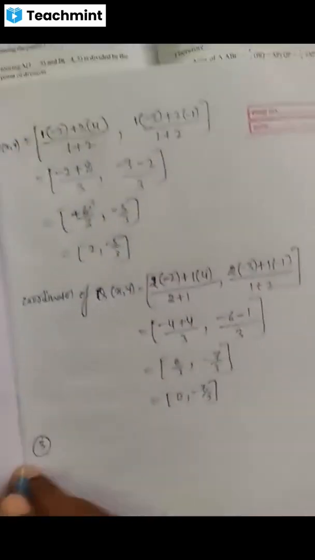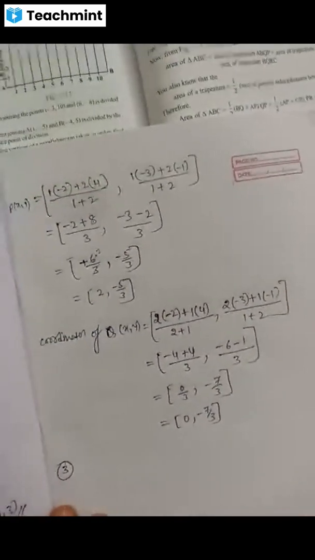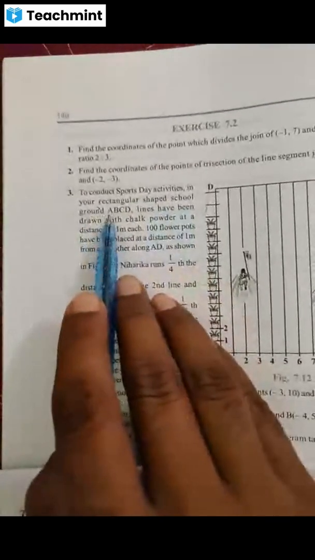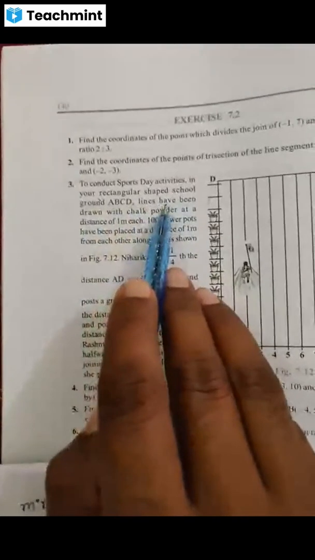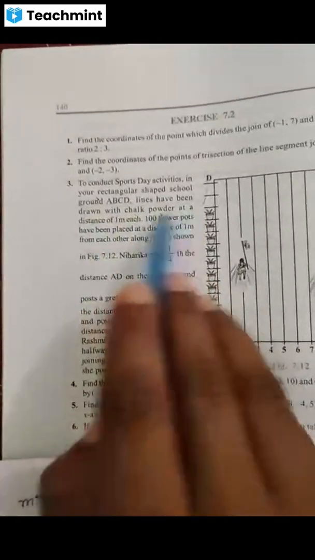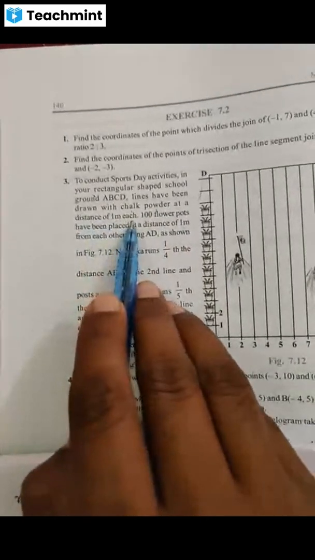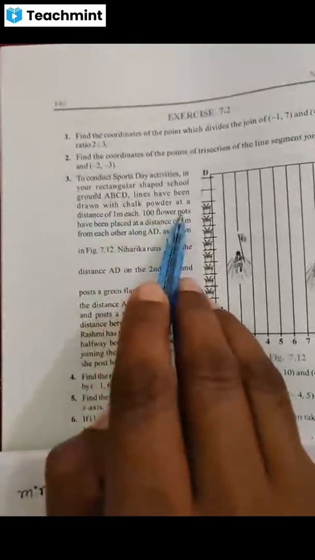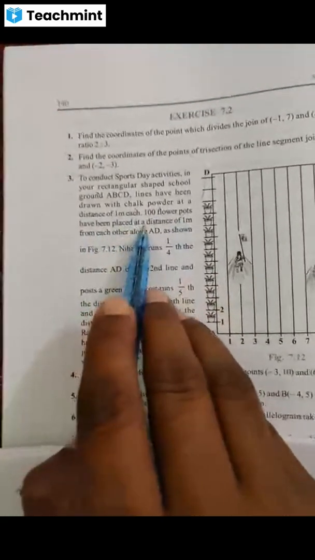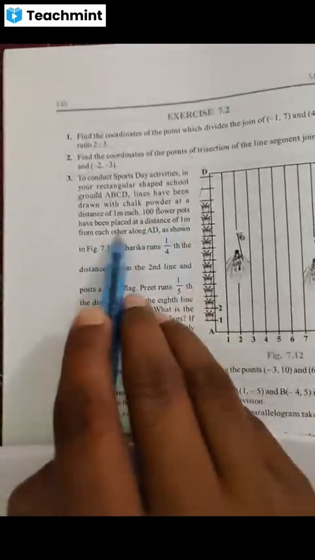Okay, third question. To conduct sports day activities, in your rectangular shaped school ground ABCD, lines have been drawn with chalk powder at a distance of 1 meter each. 100 flower pots have been placed at a distance of 1 meter from each other along AD.